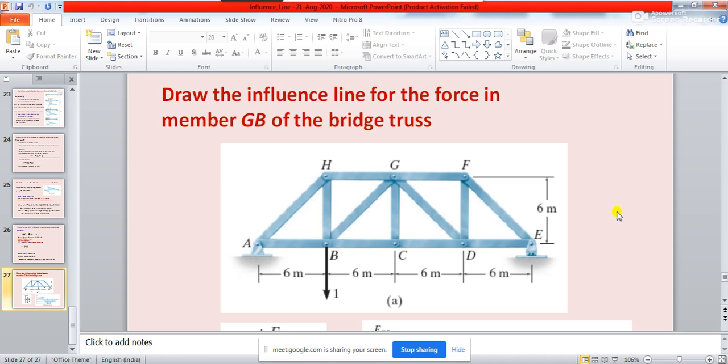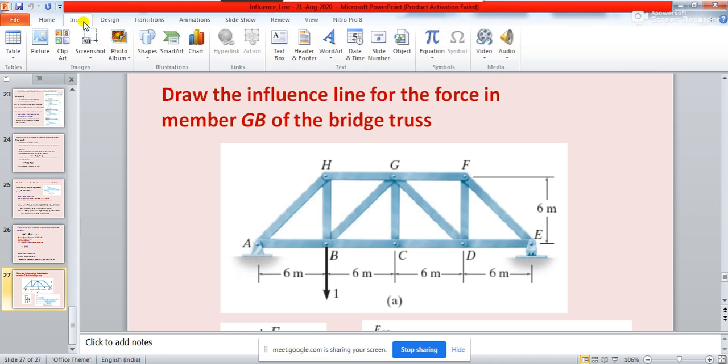Unlike the beam member, where you worked with a function of x, you may not be able to get the influence line diagram in that way, because it is not a continuous process. You need not place the load at every point in the member.